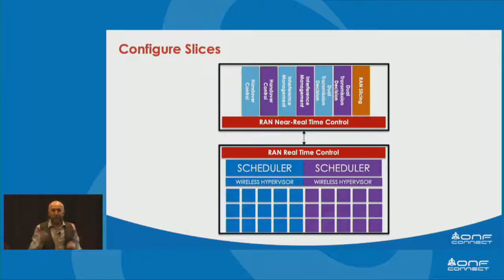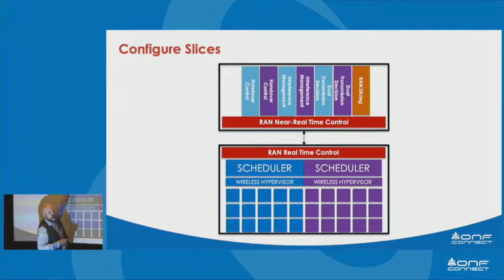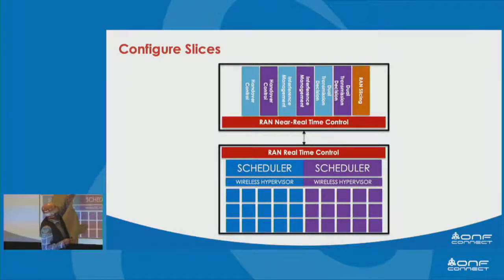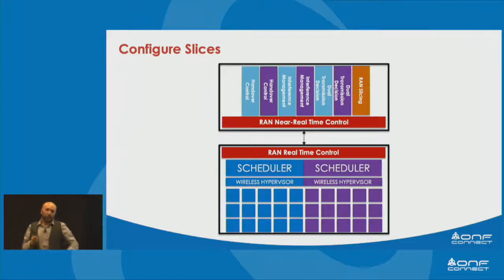I could just say, oh, for this slice, I also want to use this handover algorithm with this interference management algorithm. And that effectively gives you a virtual base station, really, inside a hardware. And that is your RAN slice.